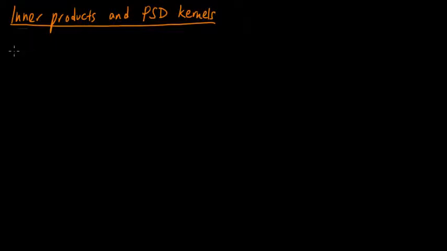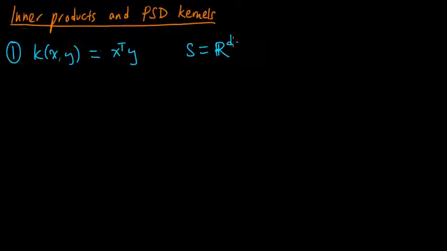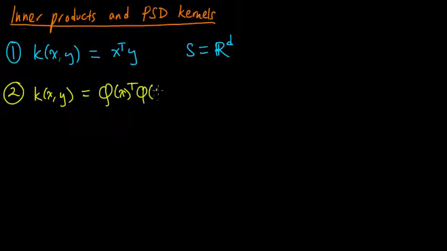Okay, so our first example along these lines is the kernel defined by taking the dot product of x with y, and here S is R^d. In a little bit, we're going to prove that this is in fact a positive semi-definite kernel. But first, let's look at a couple ways to generalize this. One way would be to, instead of just taking the dot product of x with y immediately, first take some map phi of x and take the dot product of phi of x with phi of y.